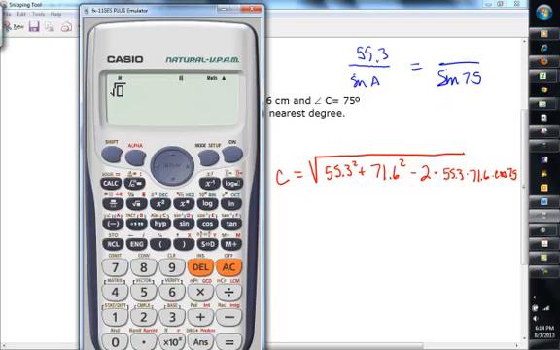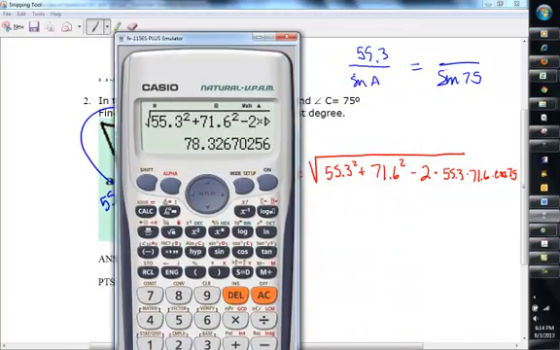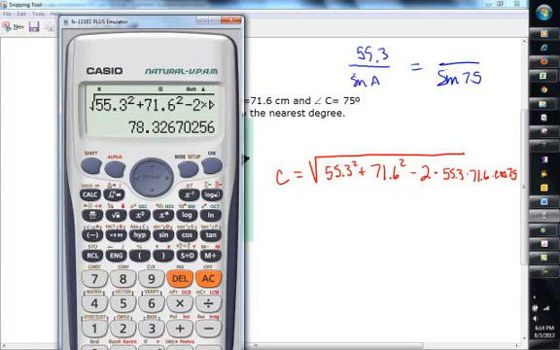Square root 55.3 squared plus 71.6 squared minus 2 times 55.3 times 71.6 times cosine of 75, is 78.3. So that tells us that C is 78.326.